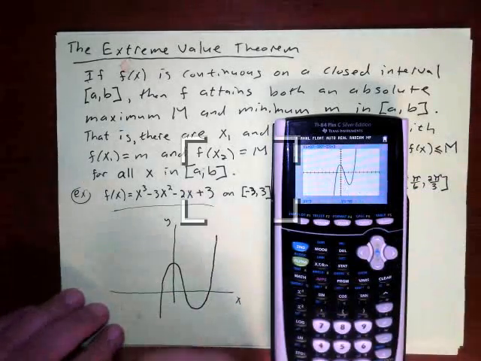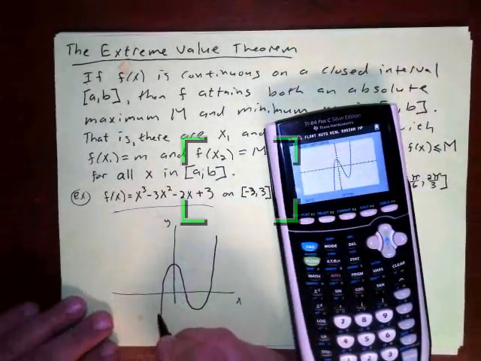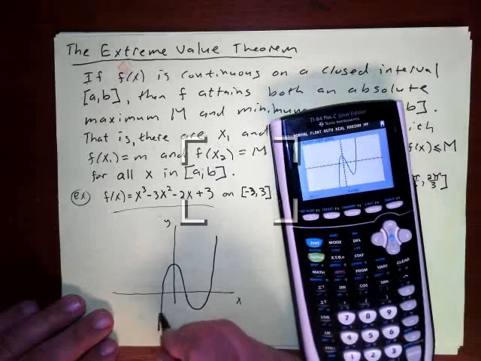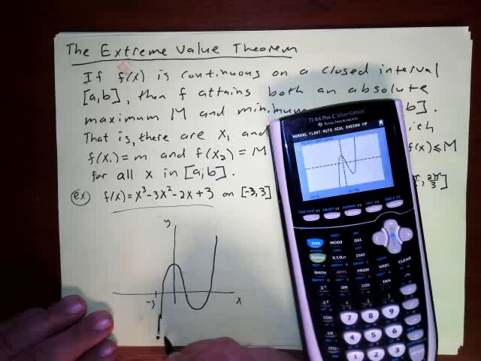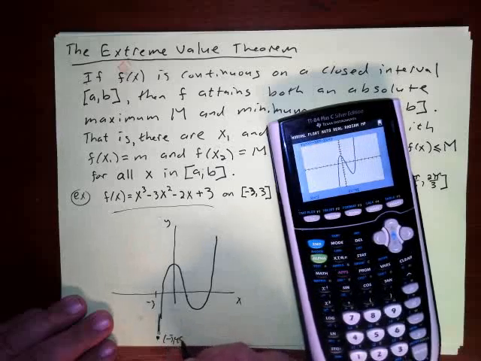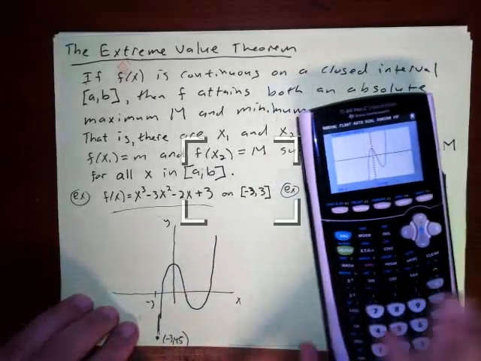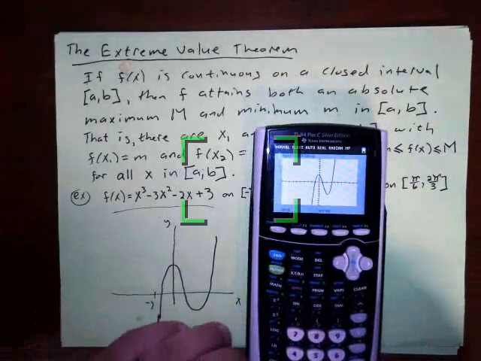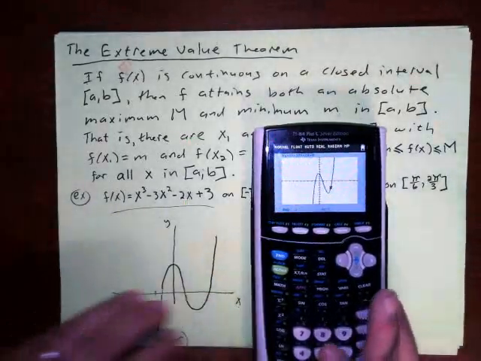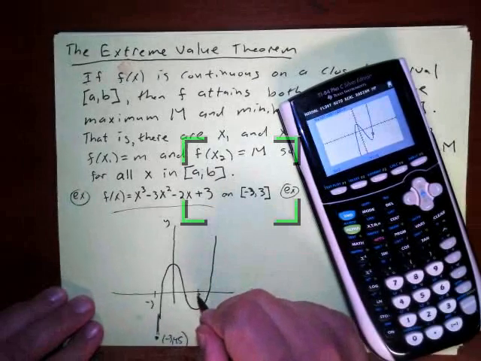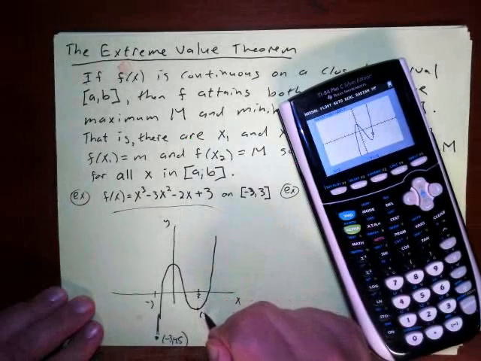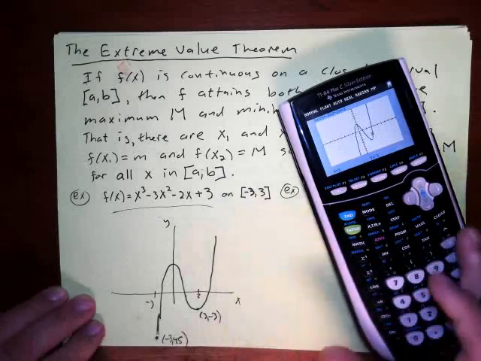And negative 3 gives like negative 45, right? So it's way down here. This point here is like (negative 3, negative 45). And then positive 3. So if I put in a positive 3, I get negative 3.